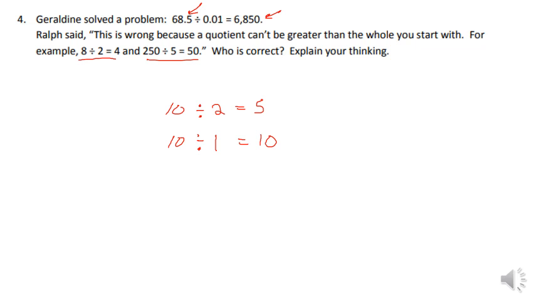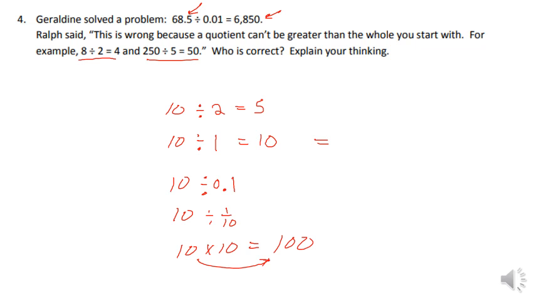Okay, so you notice it is equal to each other. And if I take 10 and divide it by, let's say, 1/10, which would be 10 divided by 1 over 10, which is less than 1, I'd end up with 10 times 10, which equals 100, which is way bigger than I started with.